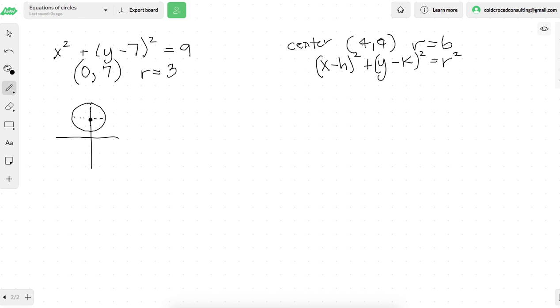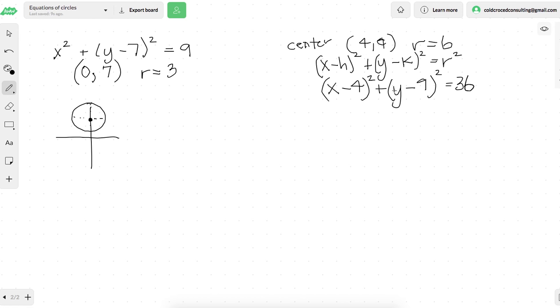All right, so these are both positive, so it's not going to change the sign in here. So I'll have x minus 4 squared plus y minus 9, again, that's squared. And our radius squared, if our radius is 6, then our r squared would be 36. And that is your equation for a circle with a given center and a radius.